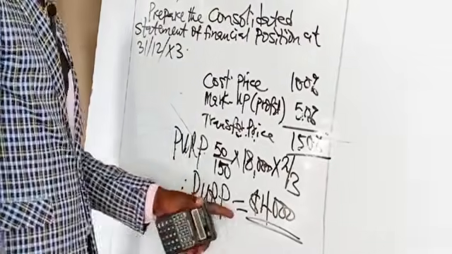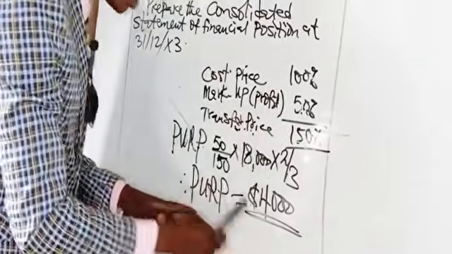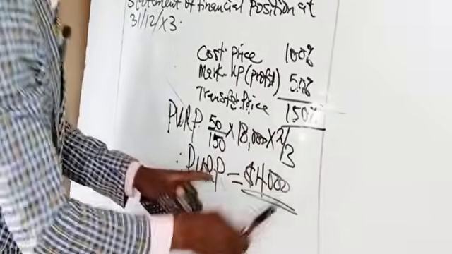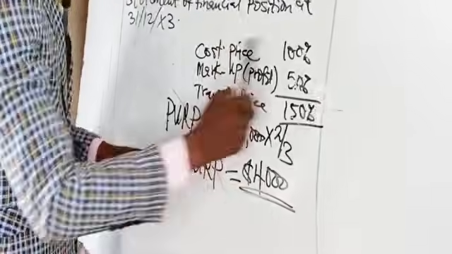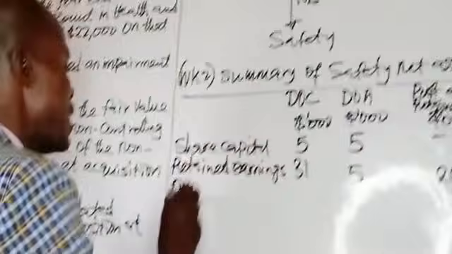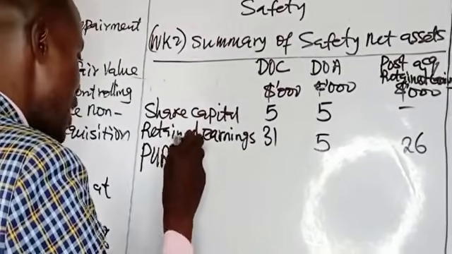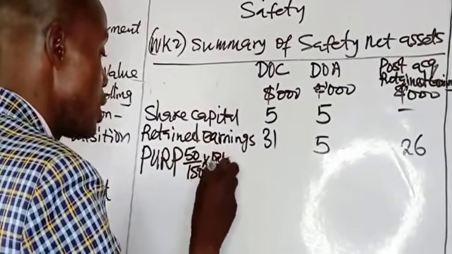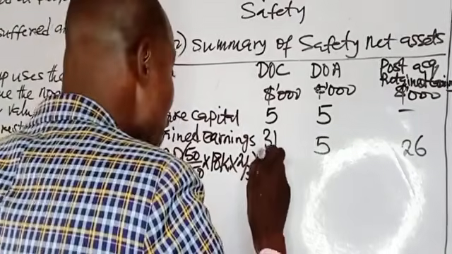That is the unrealized profit. Unrealized, I've told you, is calculated on the unsold items of inventory. You have to ascertain the portion of the inventory that has not been sold by the buyer to the third party. Therefore, provision for unrealized profit equals 50 over 150 times 18,000 times 2/3 that remains in inventory, and we got 4,000.